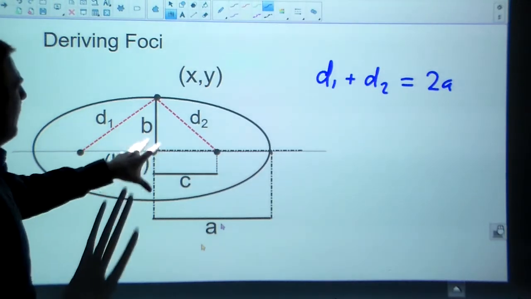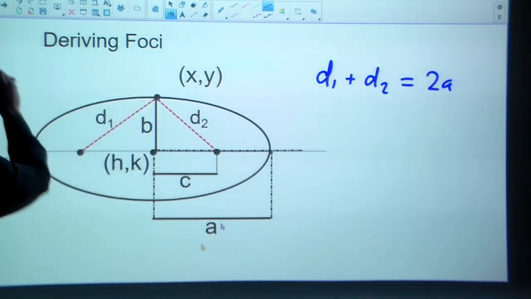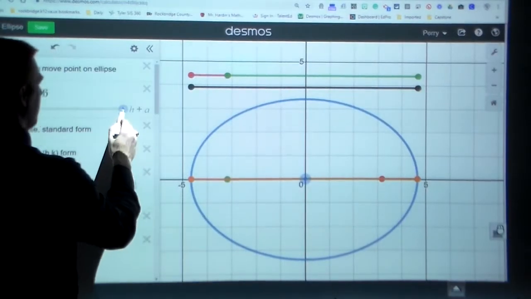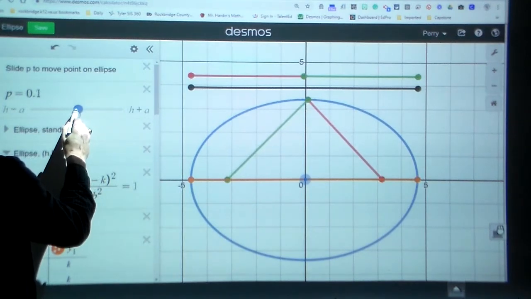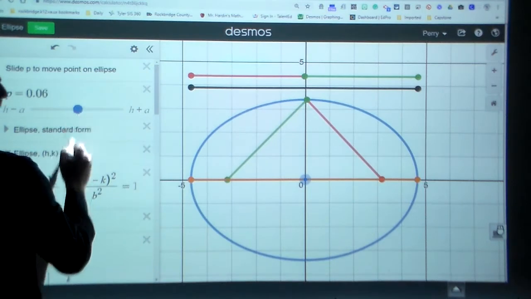So a good way to figure out what these distances are is to put the point right here. We're just putting it in specific places that make these easy to figure out. So I'm putting it, if I can land it right on it there, well, close enough.